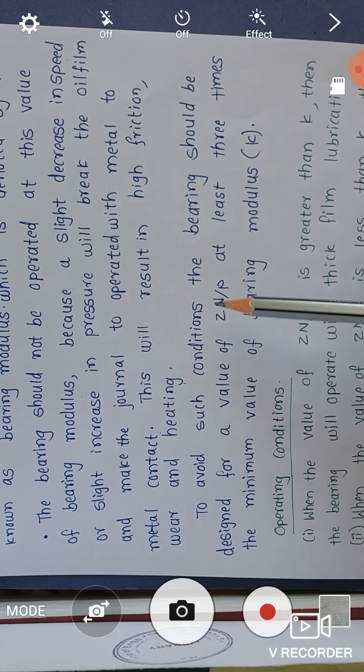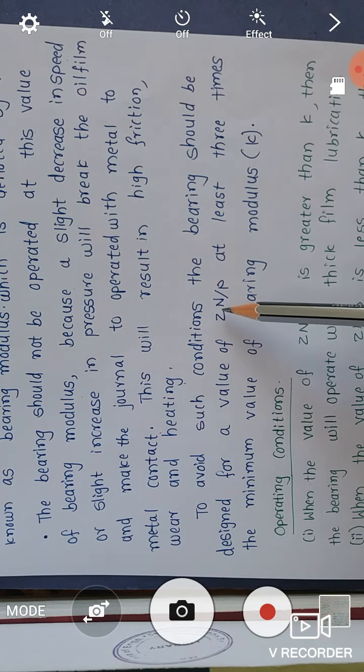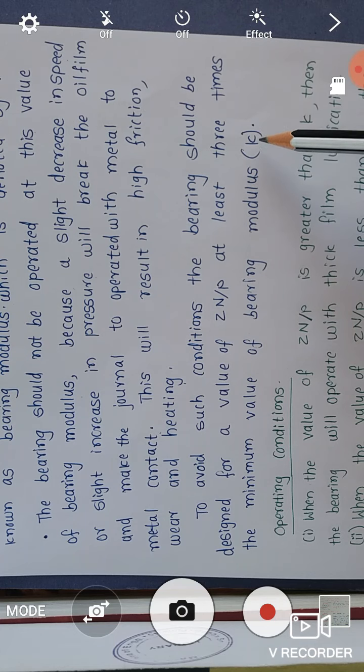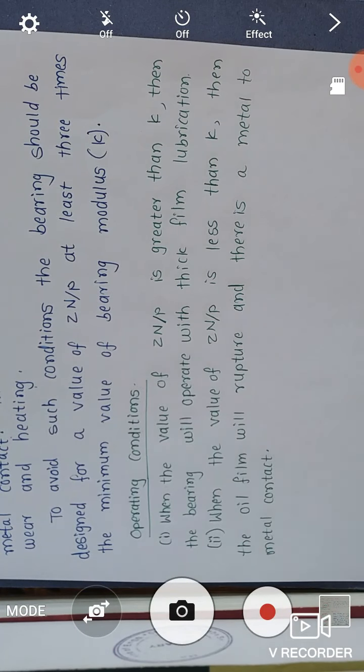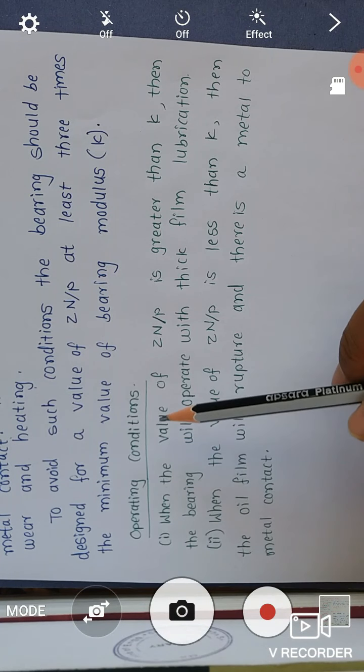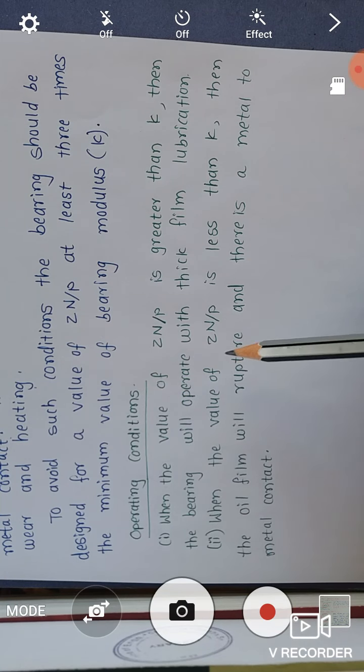To avoid such conditions, the bearing should be designed for a value of ZN upon P at least 3 times the minimum value of bearing modulus, that is K. Here two different operating conditions are shown.